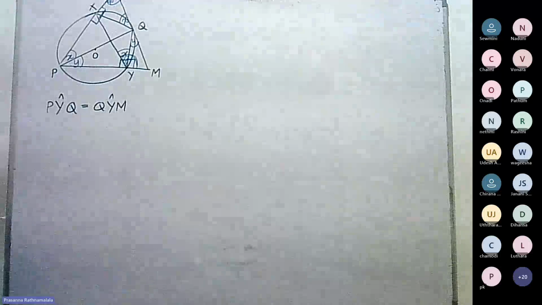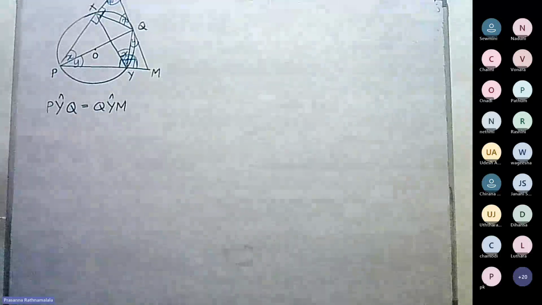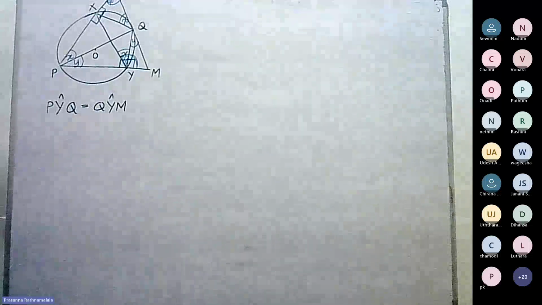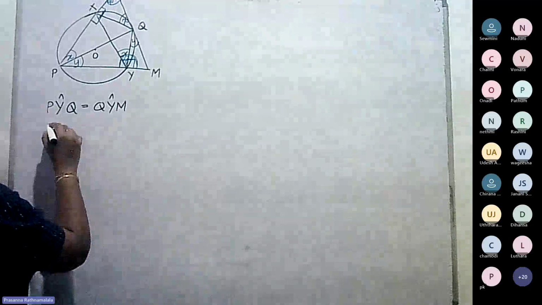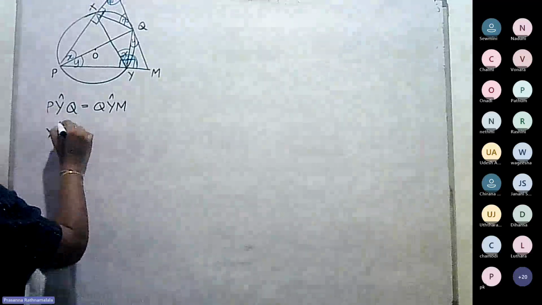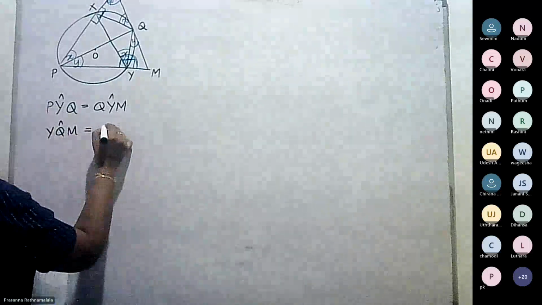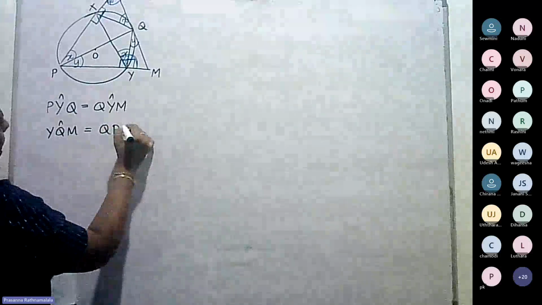Then two angles are equal, so the remaining one is also equal. We can write YQM equals QPY.